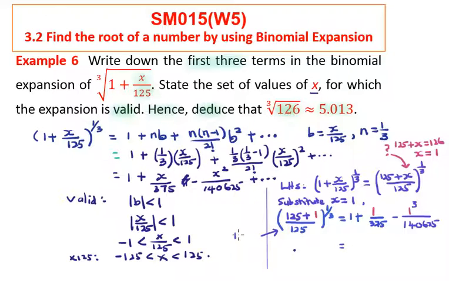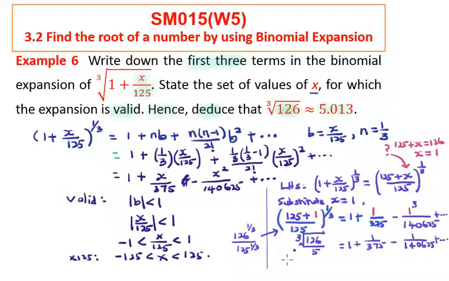If you simplify the left-hand side, we have the cube root of 126 in the numerator and the cube root of 125 in the denominator, where the cube root of 125 is equal to 5. So we have the cube root of 126 over 5 equals 1 plus 1 over 375 minus 1 over 140625 plus dot dot dot.